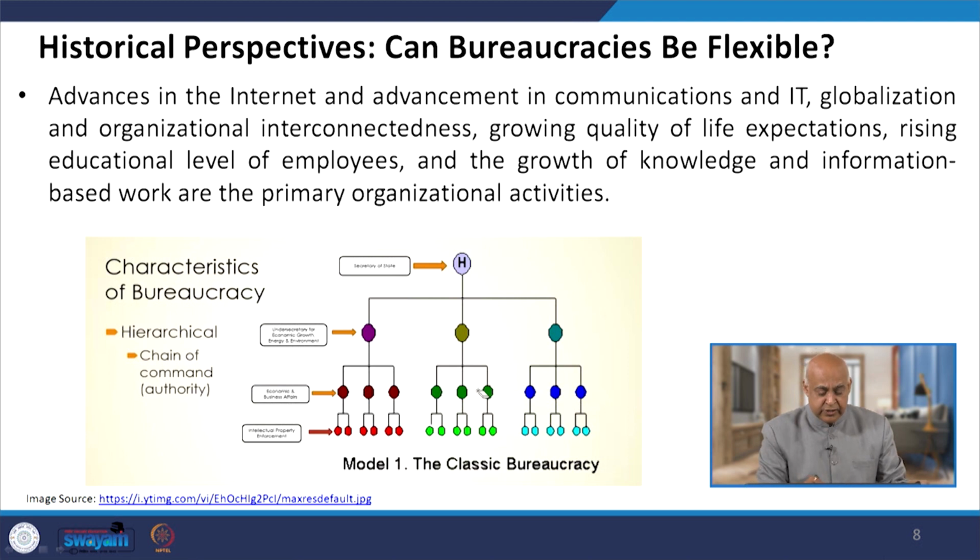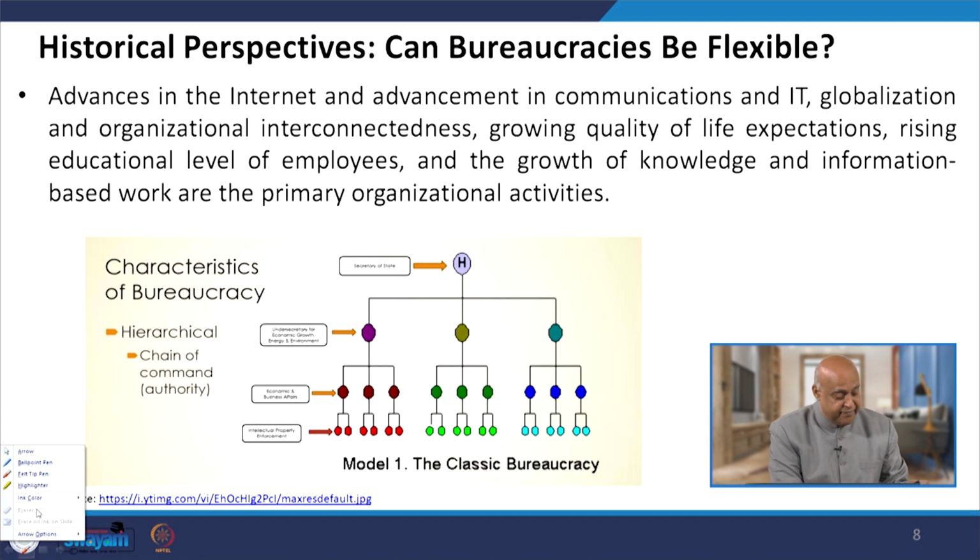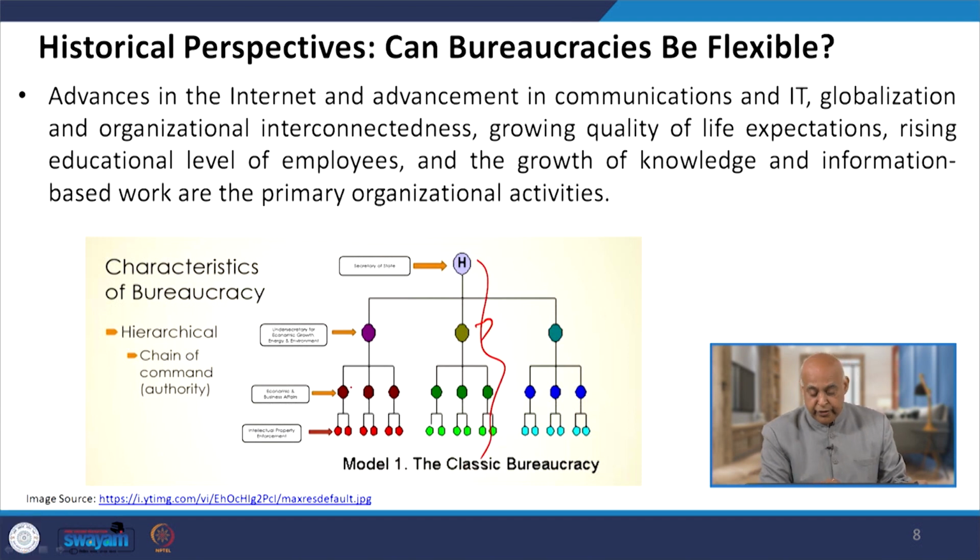Here it has gone into so many layers. So, it has become very important that you reduce these layers, because this is a classical bureaucracy example, and as per the need and the dimensions I talked about, such as expectations and globalization, you are supposed to make these changes.